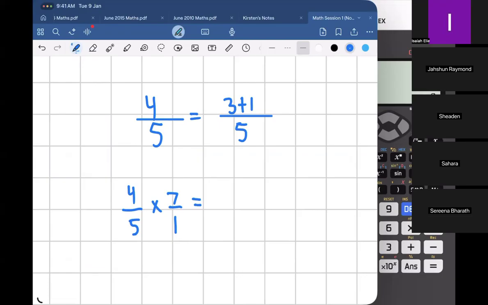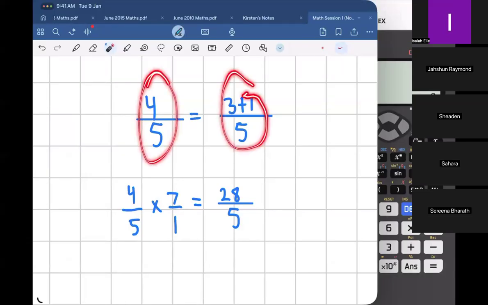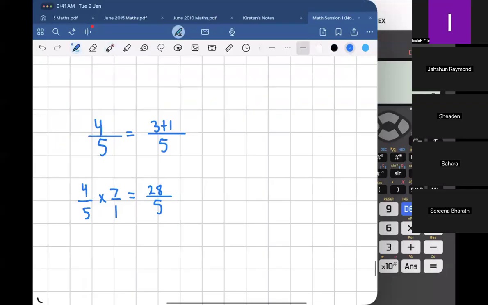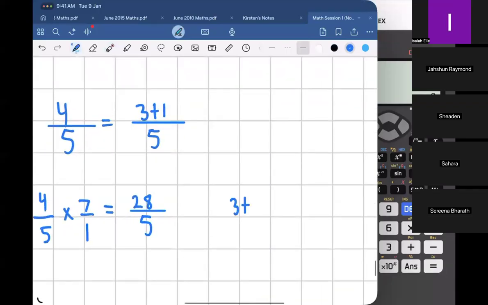What's 4 by 7? 28. And Serena, at the start, didn't we say that this was equal to this? Yeah. So if I multiply 3 plus 1 over 5 by 7 over 1, what do we know the answer is supposed to be?